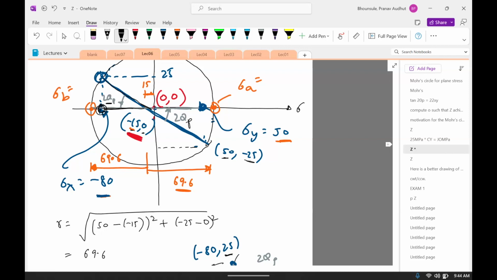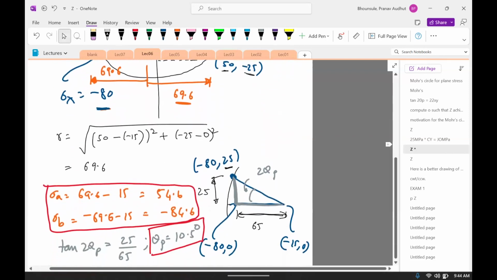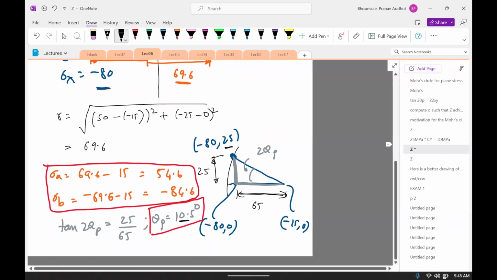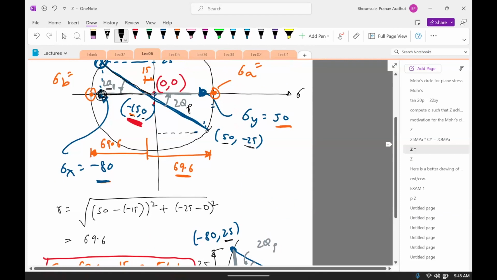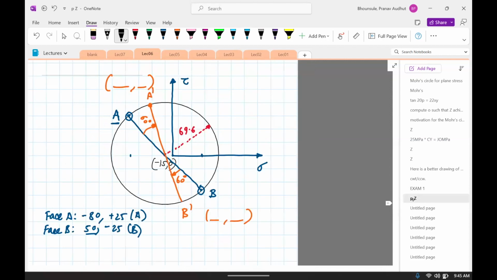So we know what theta p is. It was, I think, 10.5. So if 10.5 is theta p, then 2 theta p is 21 degrees. So I know that angle. It'll just help us do the trigonometry faster.